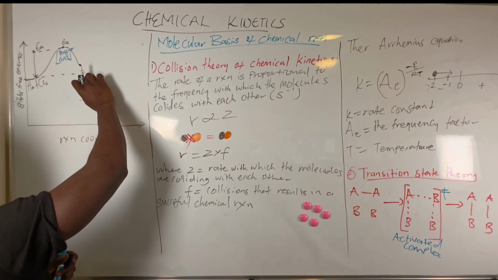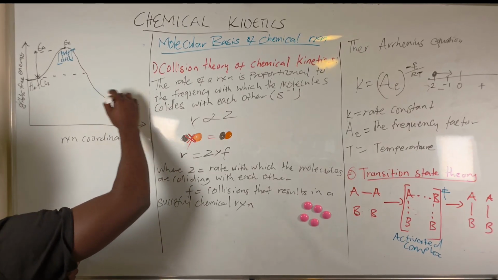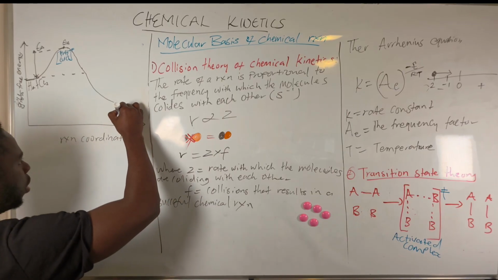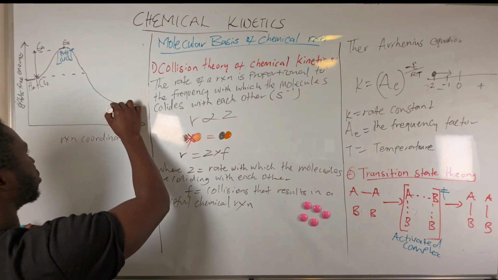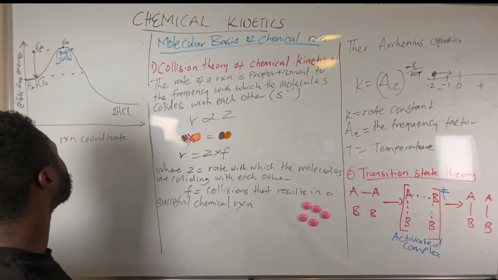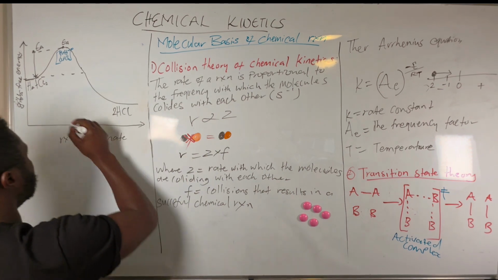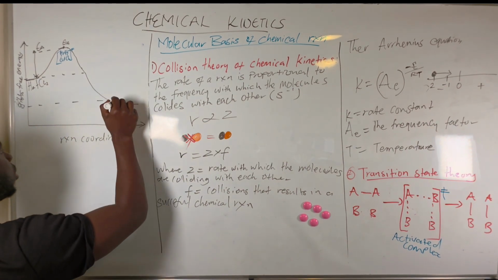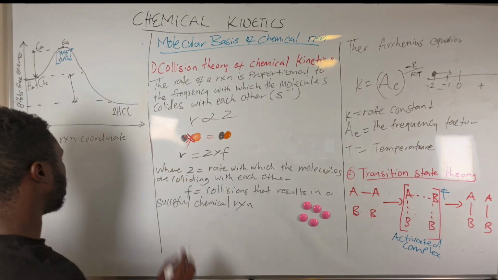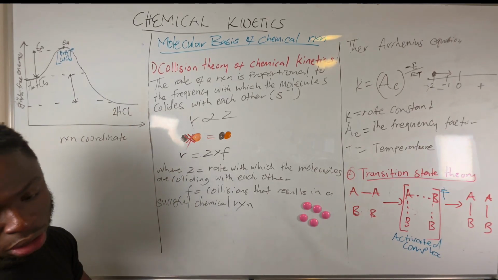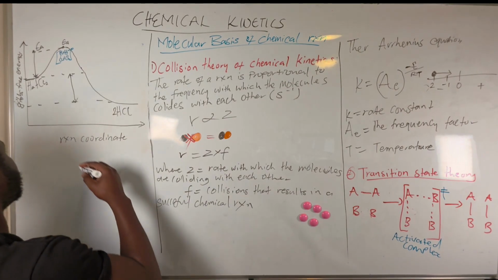So once it gets here, the reaction doesn't stop. It will go until all the reactants are turned into products, where we're going to have HCl as a product over here, and for the balanced equation, 2HCl as a product. Now the energy that exists between over here all the way down to the lowest energy that the products hold is what we call the change in Gibbs free energy, right?